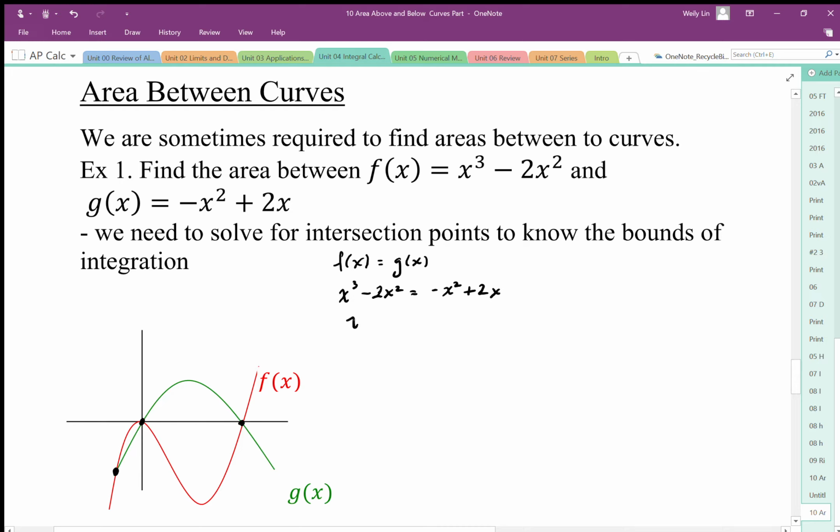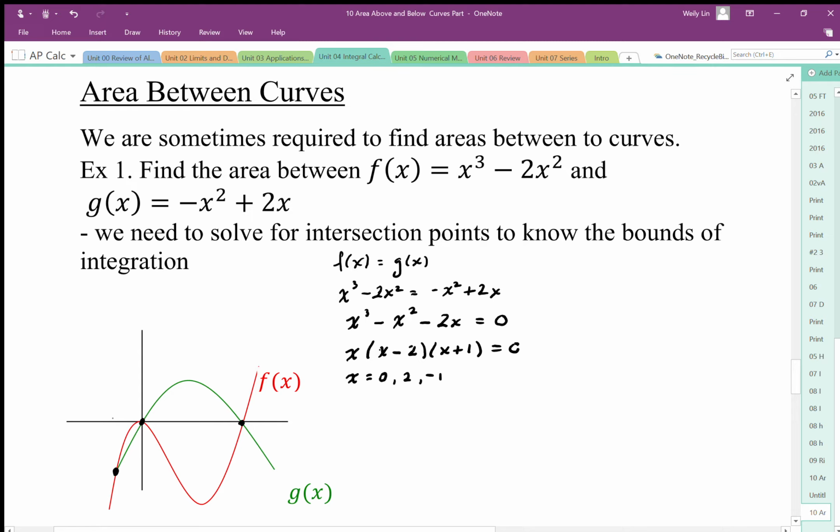So I end up with x cubed minus 1x squared minus 2x equals 0. And factoring and solving this, I end up with x times x minus 2 times x plus 1 equals 0. So my solutions are going to be at 0, 2, and negative 1.